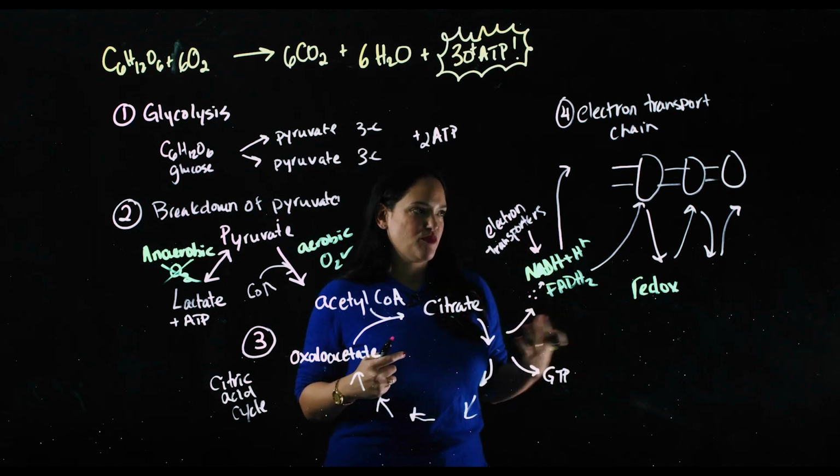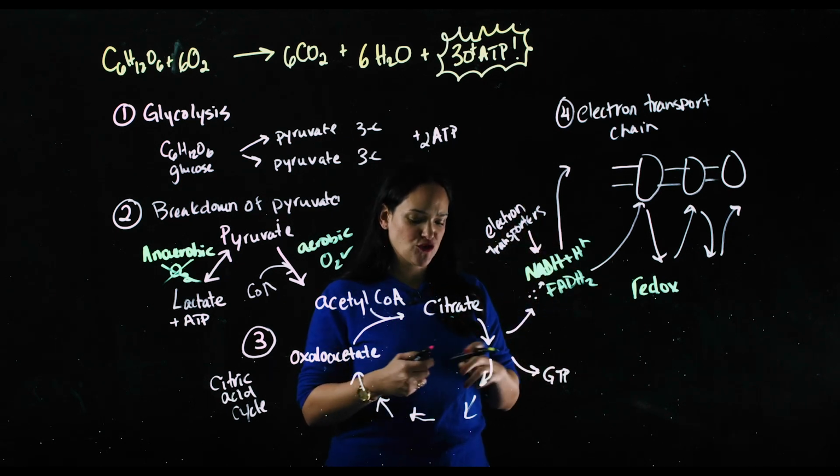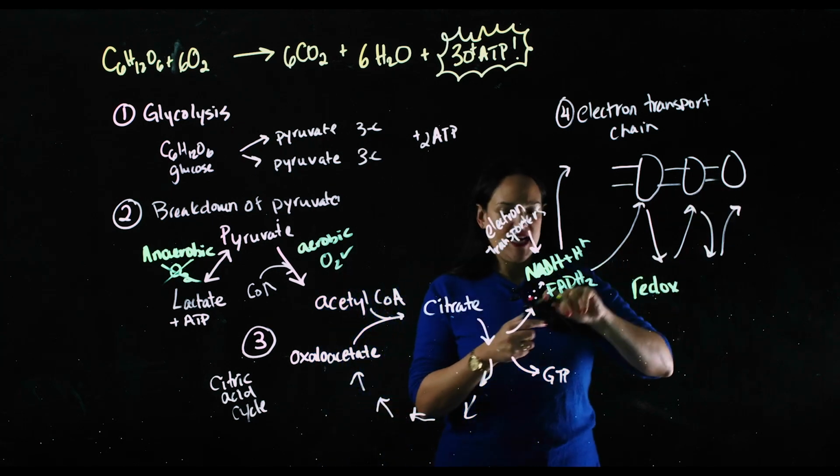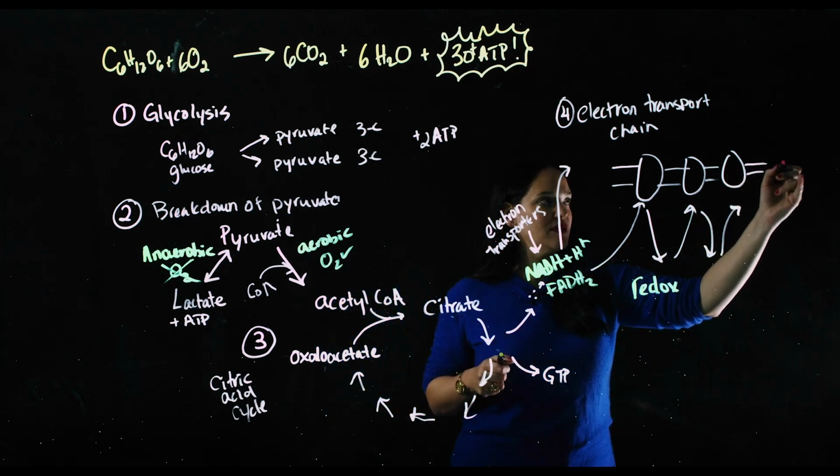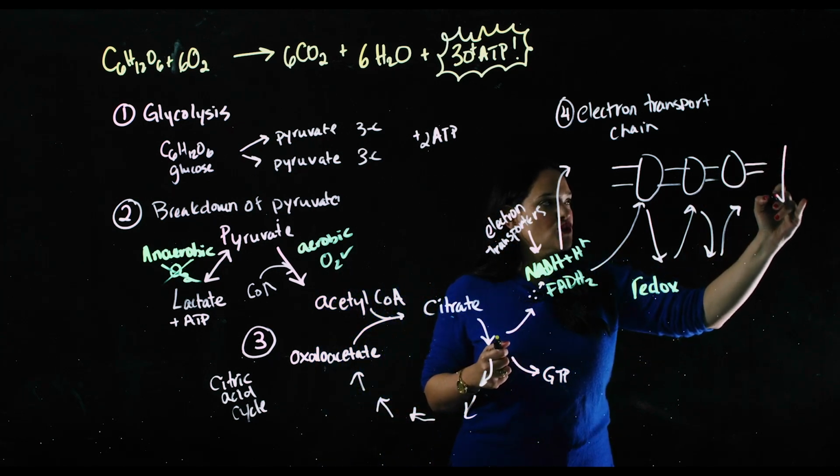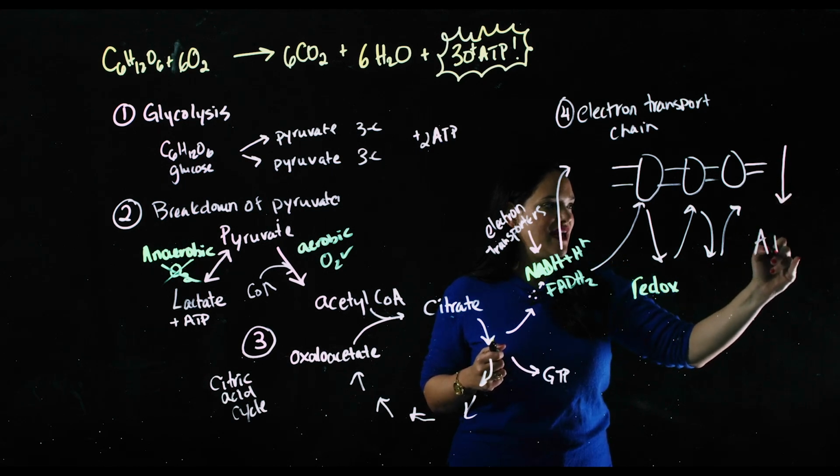Okay, the loss of electrons, the gain of electrons, loss of electrons, gain of electrons. And all of this process, this bouncing around of electrons, eventually drives a pump that is going to allow me to synthesize ATP.